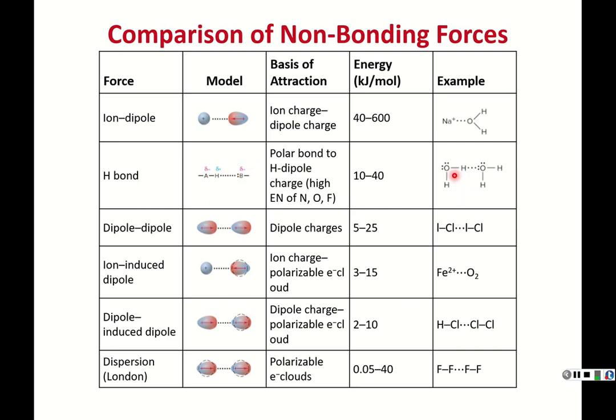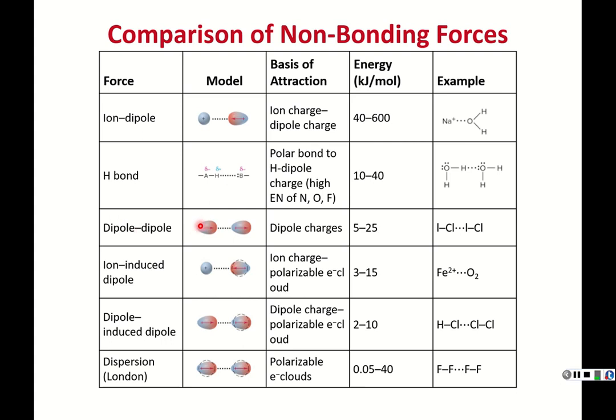So in the case of water, water can hydrogen bond with itself because it has both hydrogens and lone pairs of electrons on the oxygen. And the typical energy in kilojoules per mole is shown. Hydrogen bonds are a dipole-dipole interaction, but you can consider them the strongest dipole-dipole interaction. Okay, there are other dipole-dipole interactions, and that's the one listed next.